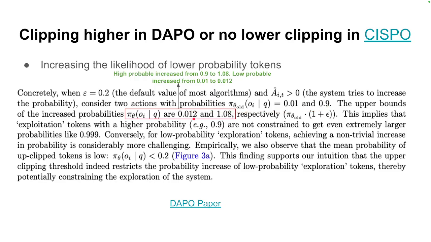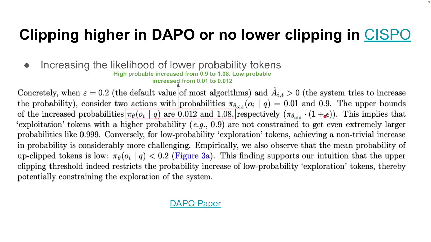So if you found that in your current policy these tokens are actually good, and I need to increase their likelihood, you will be capped to 1 plus epsilon. So if your epsilon is 0.2, so 1 plus 0.2, which is 1.2, and if you multiply it by 0.9, you will get 1.08.